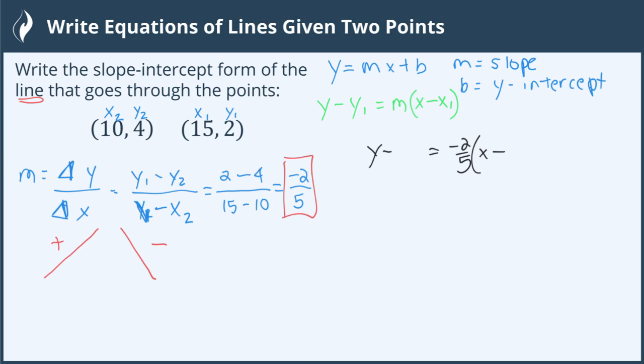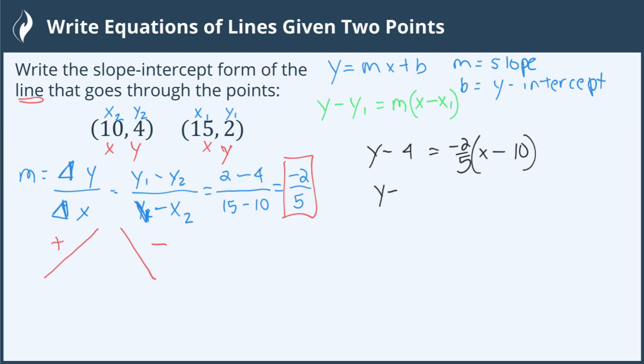So my y is 4. Remember, these are always labeled as x, y. This is our x and this is our y. So 4 is my y, and my x is 10. So I'm going to put those in, and now I'm going to solve the equation.